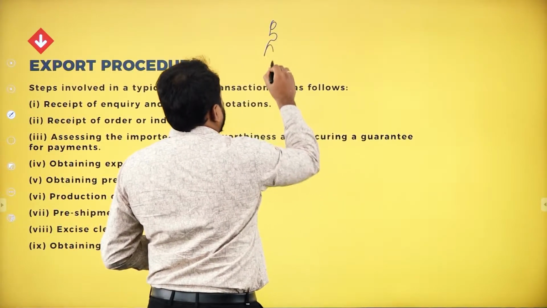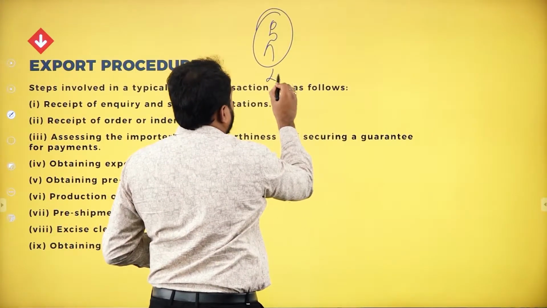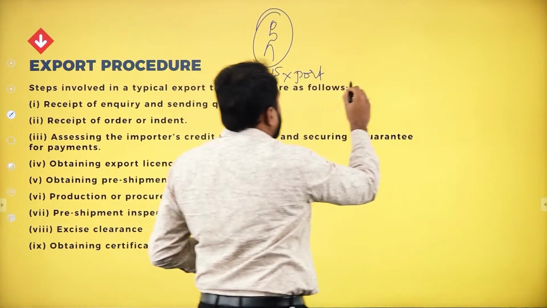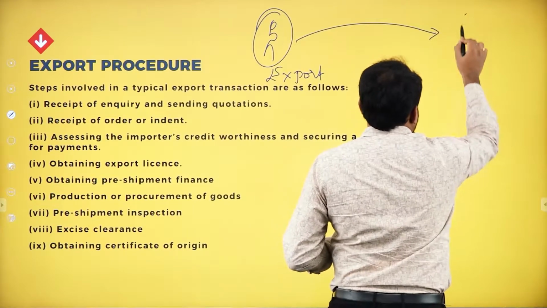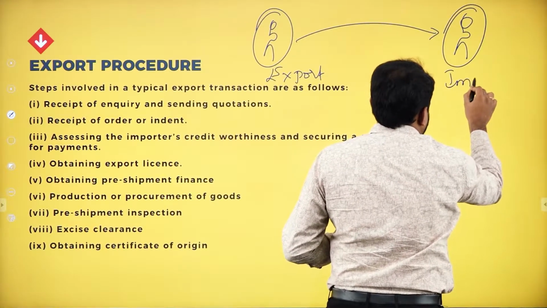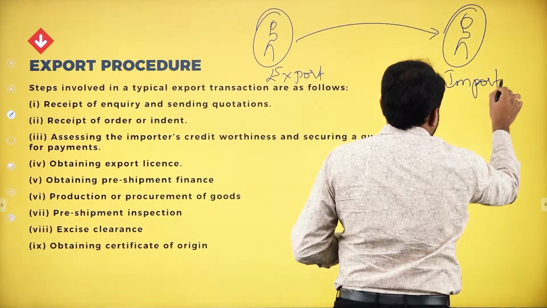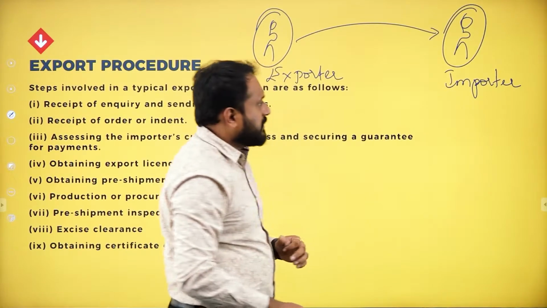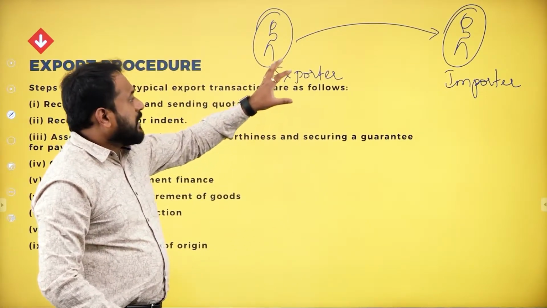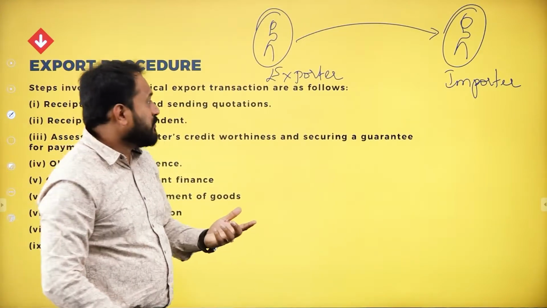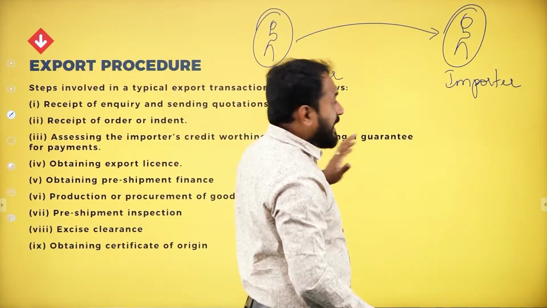Now, we have an exporter, and there is a person called importer. We have exporter and importer. Let's go with this. Before the exporter sends anything, the first thing is what? That is receipt of inquiry.